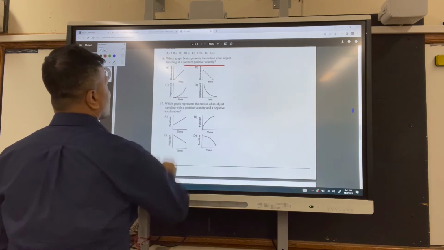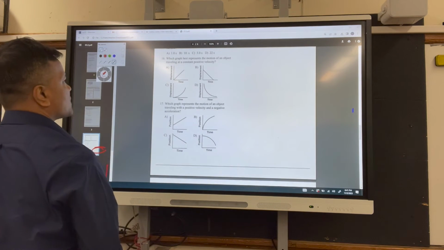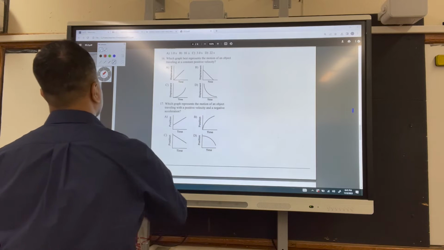Whose graph best represents the motion of an object traveling at constant positive velocity?